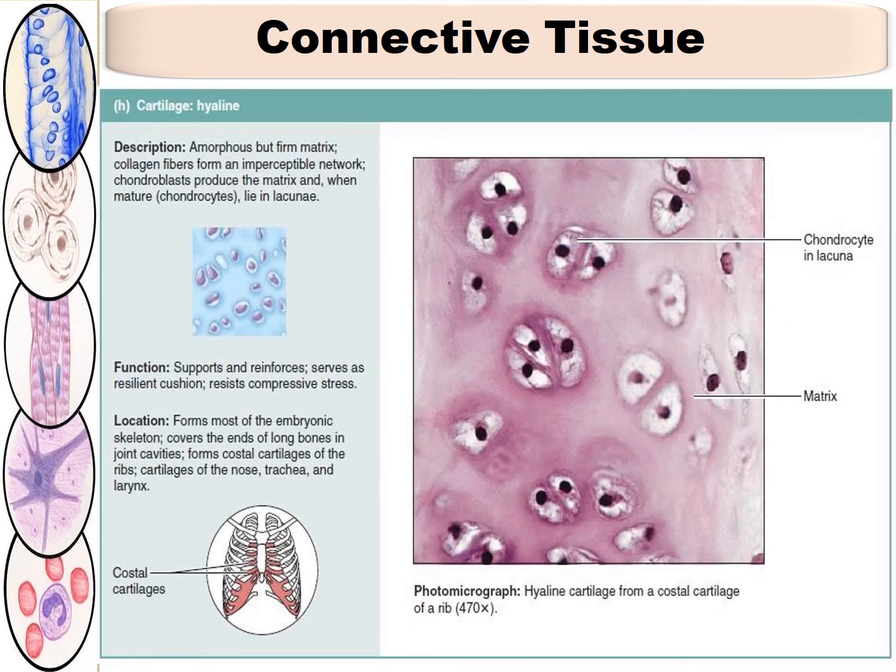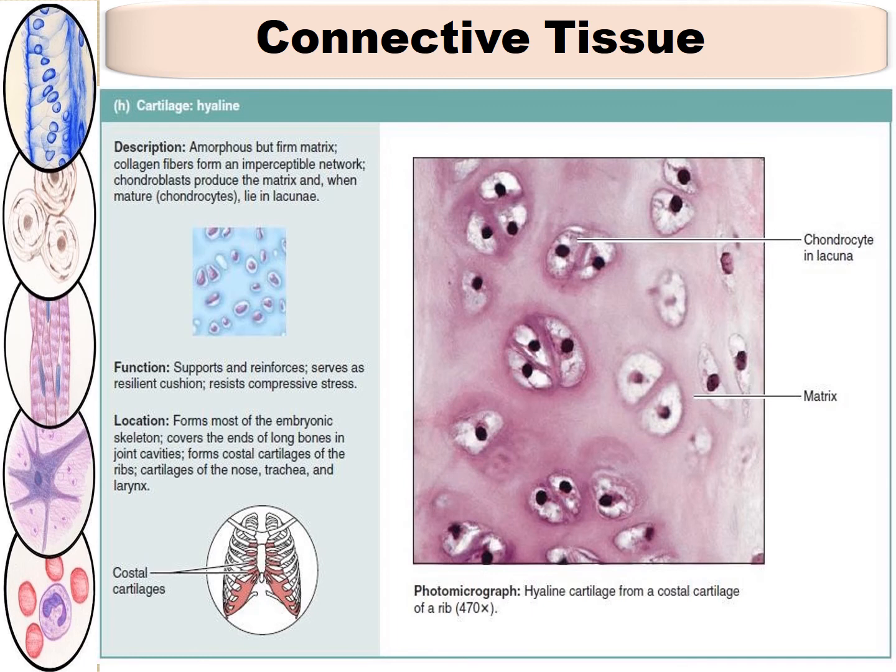Then the eighth type of connective tissue is hyaline cartilage. This hyaline cartilage is composed of amorphous but firm matrix, and collagen fibers form an imperceptible network.